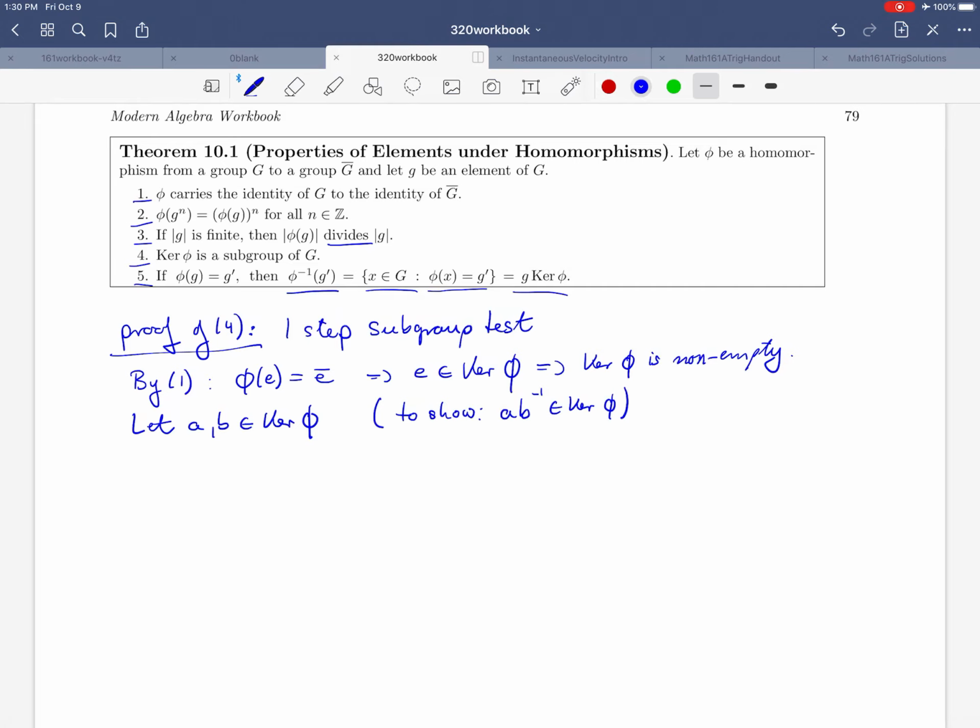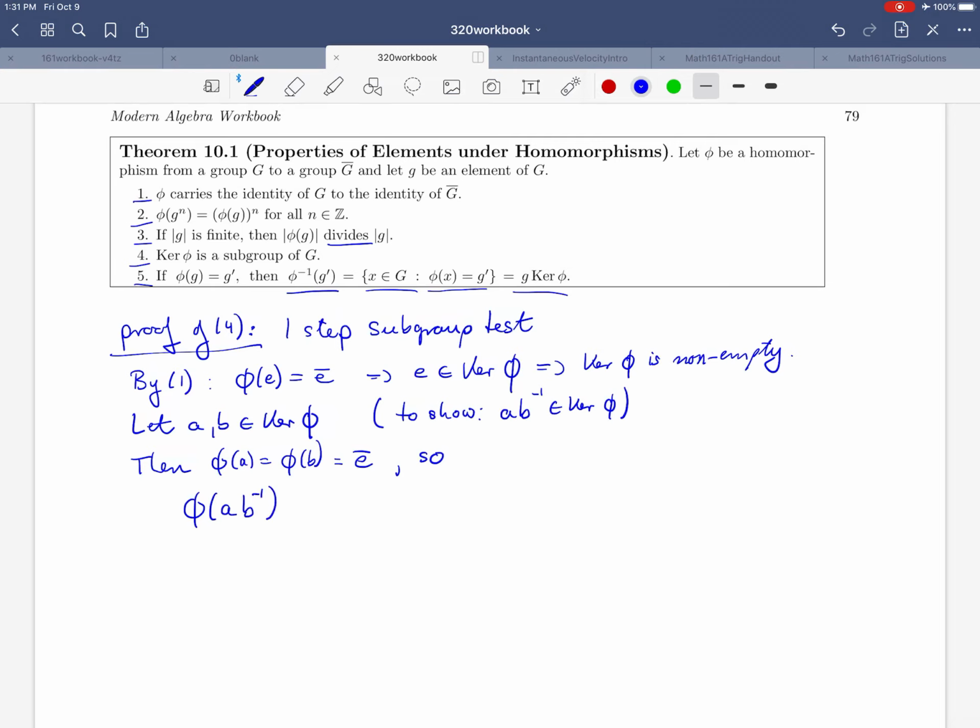All right, so let's see. We have a and b in the kernel of phi. What does that mean? It means that phi of a is equal to phi of b is equal to the identity in G bar, e bar. So let's see what we get if we look at phi of a b inverse.